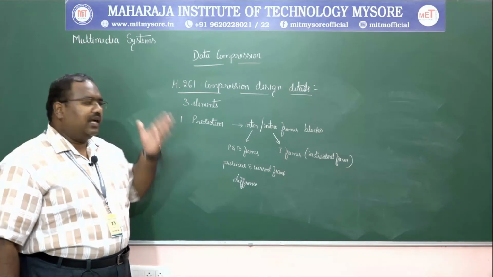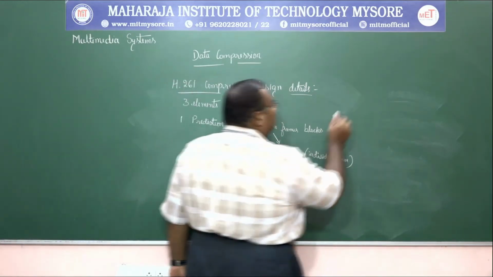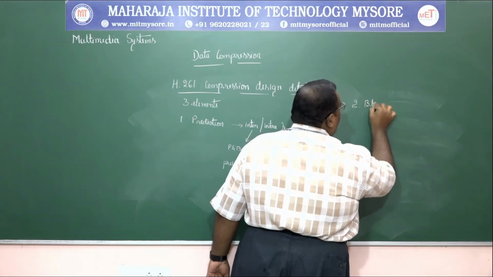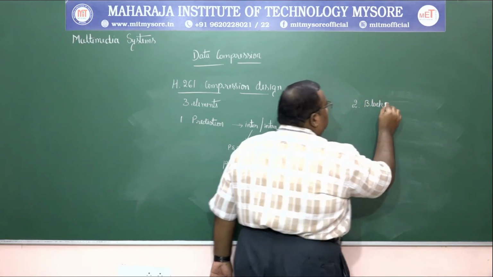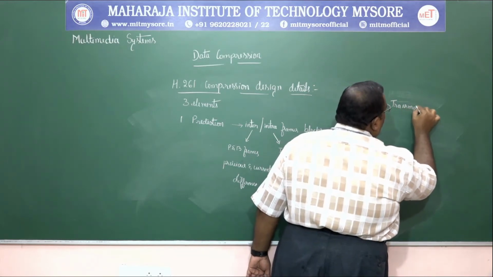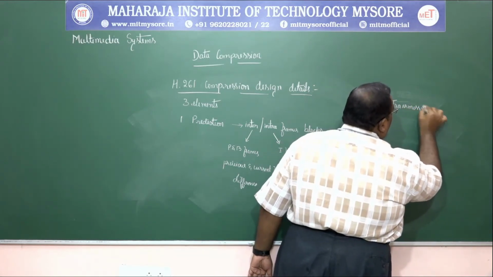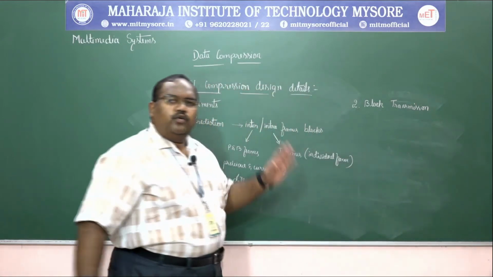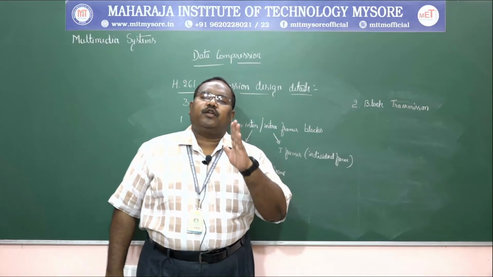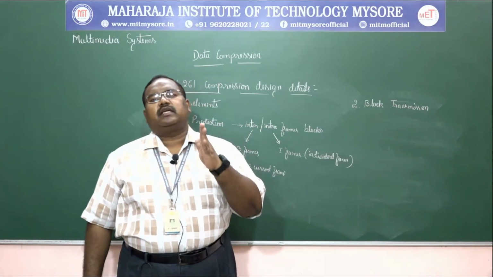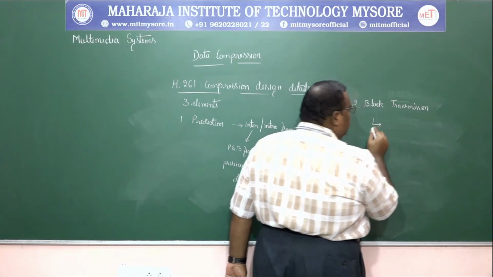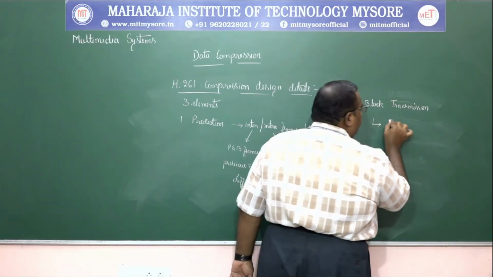The second one is the block transformation. Here each block is divided into 8 cross 8 blocks and processed by the DCT function. This is very clear, as we have been doing this even in JPEG.